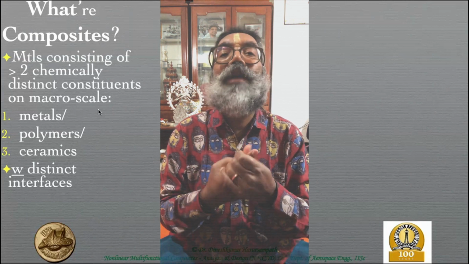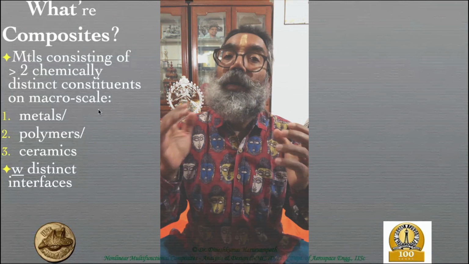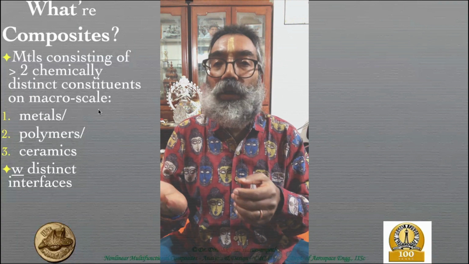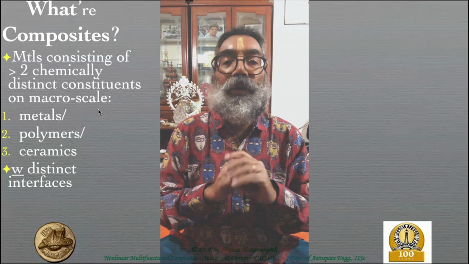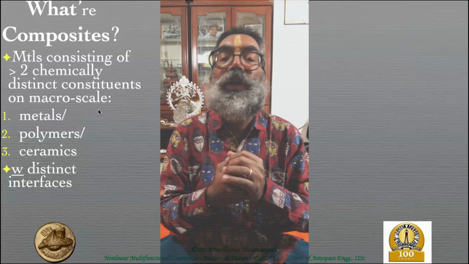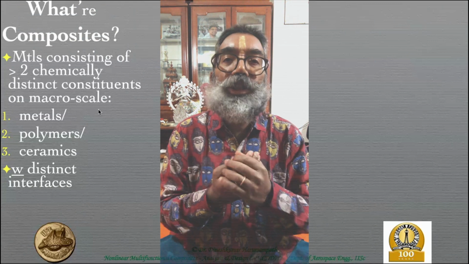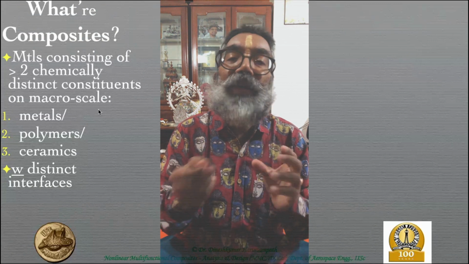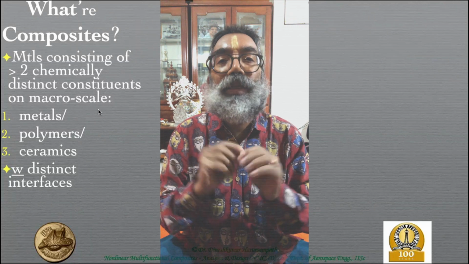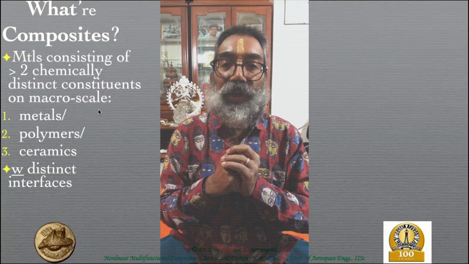So you will have certain distinct interfaces. Whether you have the coating or not, you can very clearly see in any inspection, especially through non-destructive evaluation, that there is this interface.